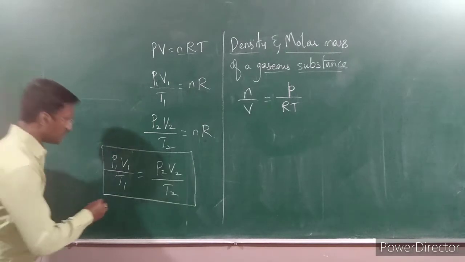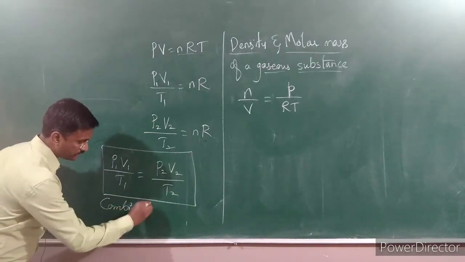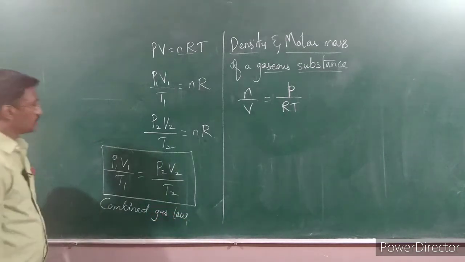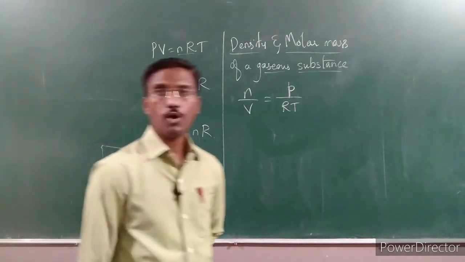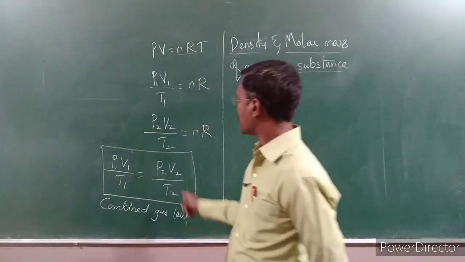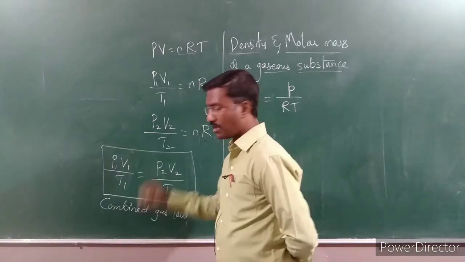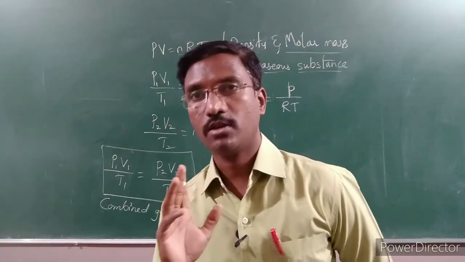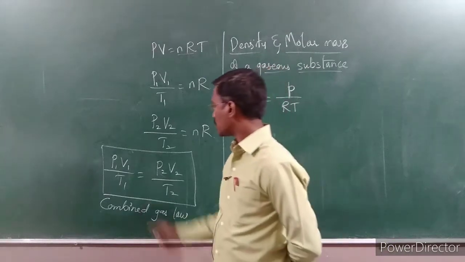This expression is called the combined gas law. Based on this expression, you can solve problems. Here there are totally 6 terms, and among these 6 terms they are going to give any 5, so that using those 5 terms you can determine the last remaining one.